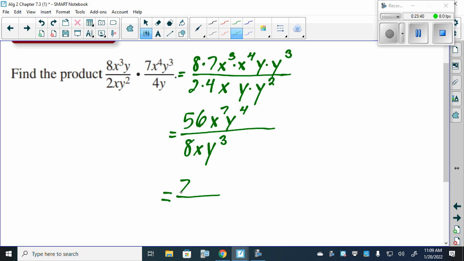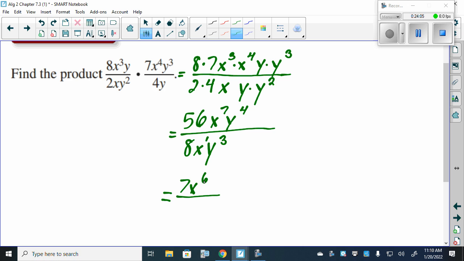Now we're looking at x to the 7th over x. Whenever we have like bases being divided, we subtract the exponents. And the exponent on bottom would be 1. So 7 minus 1 is 6. And is it bigger on top or bottom? Top. So it stays on top.